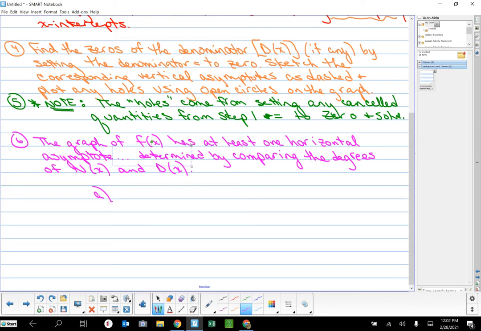So let's see, this says if n is less than m, and I'm unsure which one's n and which one's m. All right, well, if n is less than m, then y equals 0 is a horizontal asymptote.